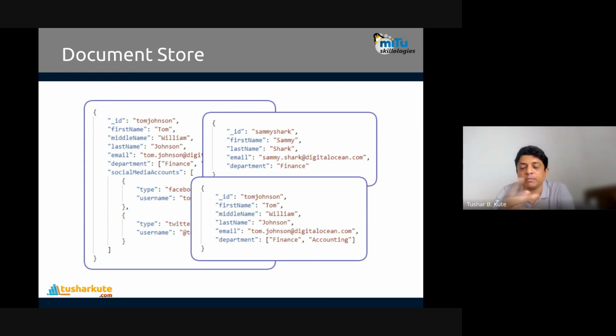Type Twitter, a username is given there. Correct. They're called a document store. This is the JSON file format, which is being used by MongoDB. When I show the MongoDB operations, I will show you, this format we can directly choose to store data inside the database. Okay, it's called a document store.